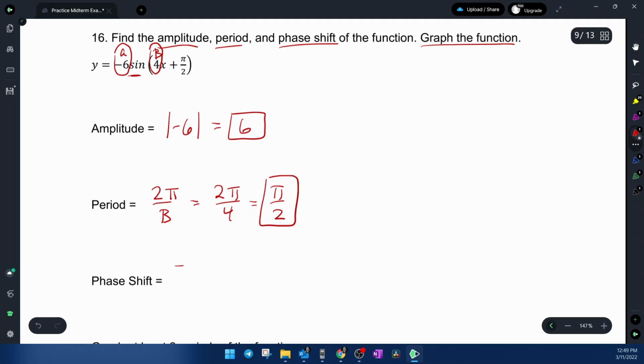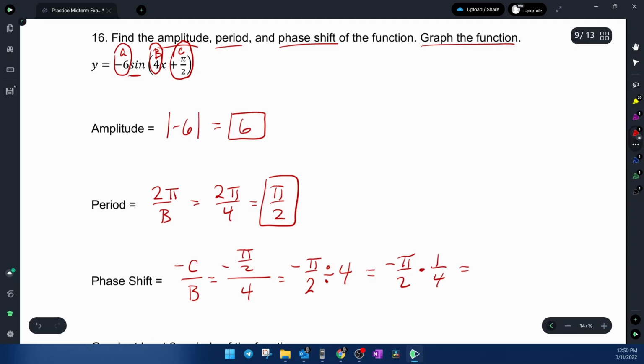And the phase shift, negative c over b, where c is the constant part of the angle, that would be negative pi over 2 all over 4, which is the same as negative pi over 2 divided by 4. If we do the keep change flip, negative pi over 2 times 1 over 4 gives us a phase shift of negative pi over 8.